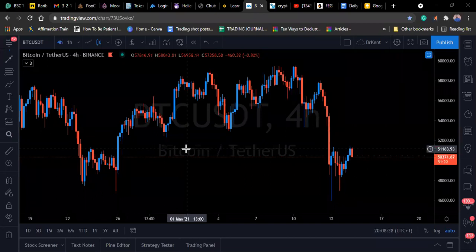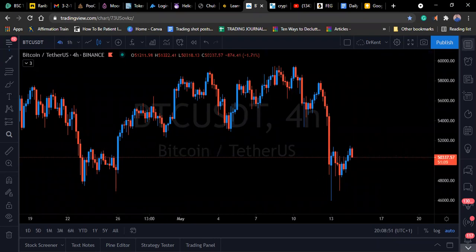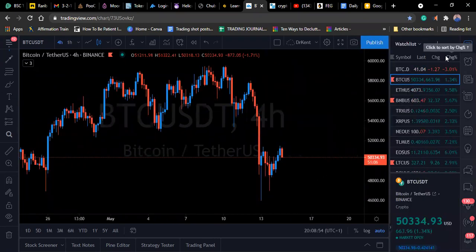Now, TradingView is actually the best charting software in the world as at now that I have used and that many other persons have used. It basically covers everything in the market that moves.